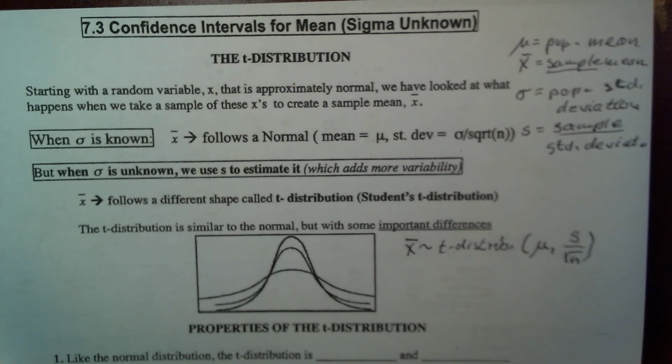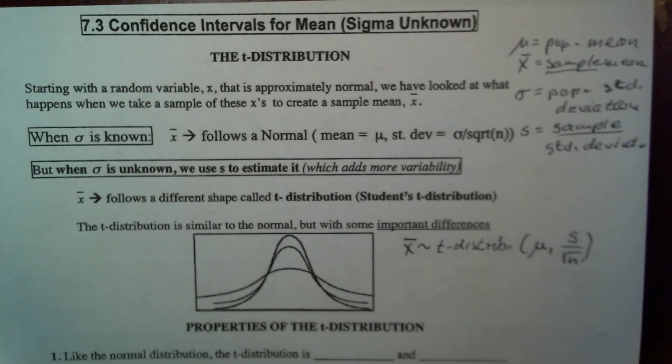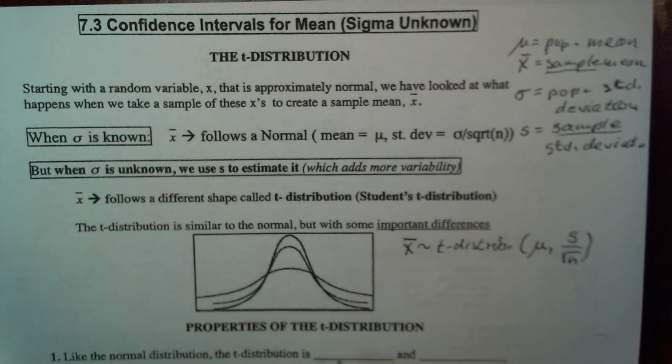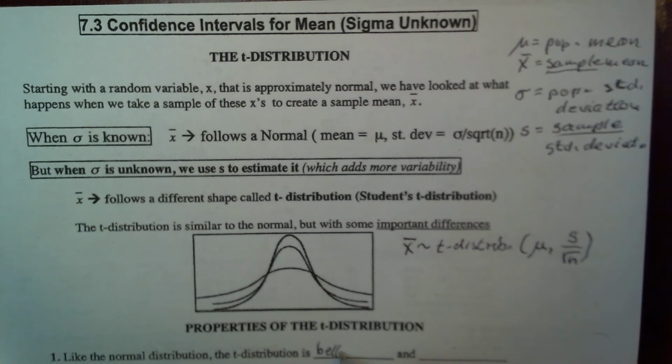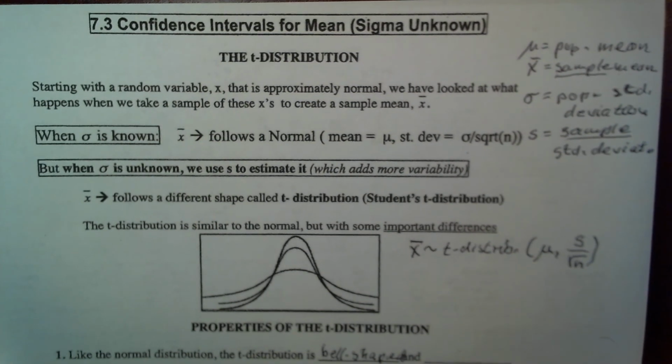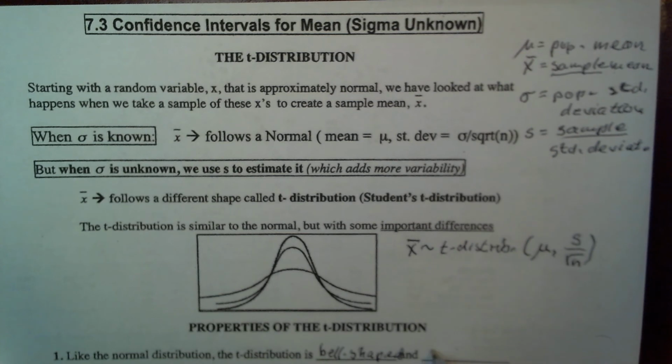Let's go over some of the characteristics and properties of the t-distribution. Like the normal distribution, the t-distribution is bell-shaped. And it is symmetric.